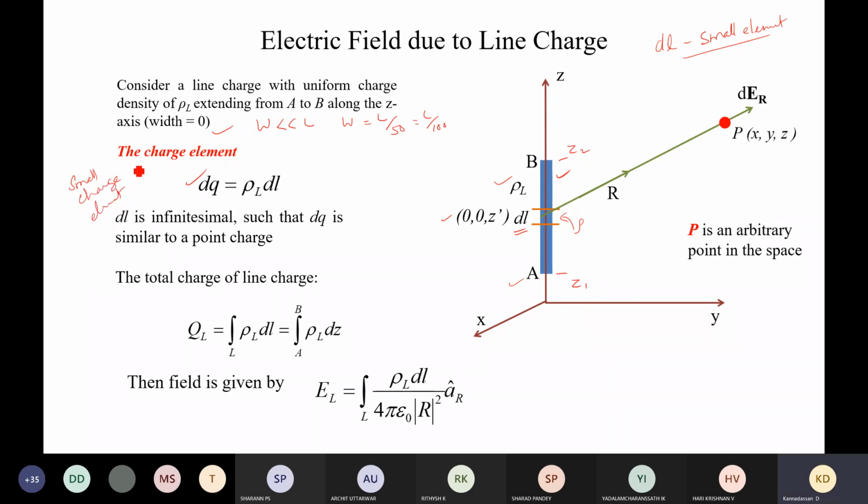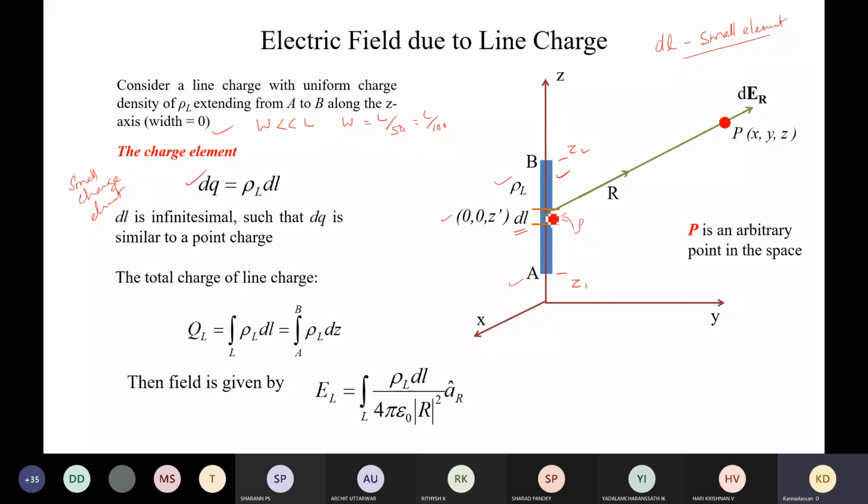You can keep any name, but the actual meaning is small, and only then can you go for the large one. So we define a small charge dq, which is nothing but rho L into dl. This is the total amount of charge available in this length dl.